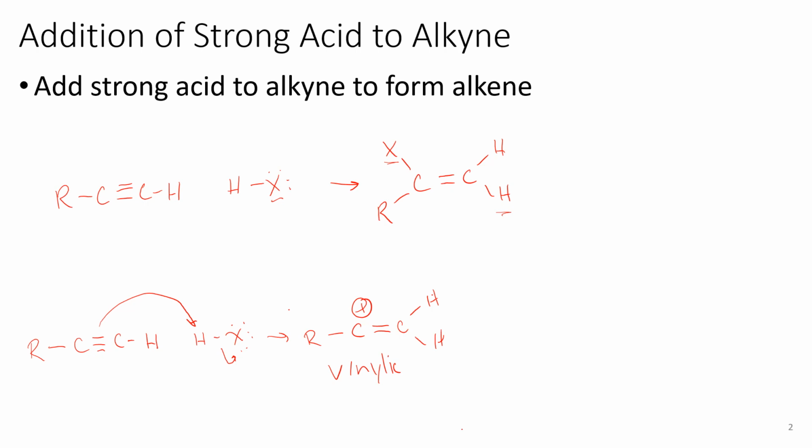There's some other things that occur mechanistically along the route to get us to our final product. But again, we're kind of looking at a simplified mechanism, a mechanism that's going to allow us to convert from one species into the other under some of the rules that we have been looking at thus far. So we do notice that we are producing the vinylic carbocation, and the carbocation is going to be on the more substituted side.